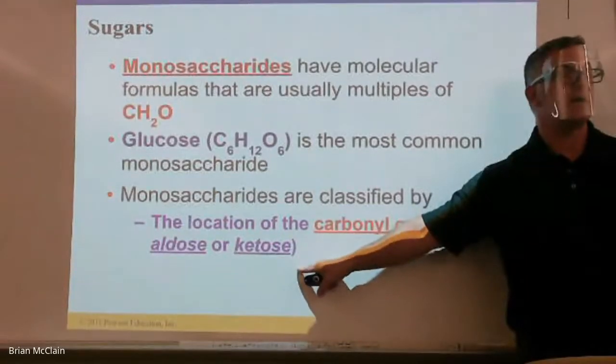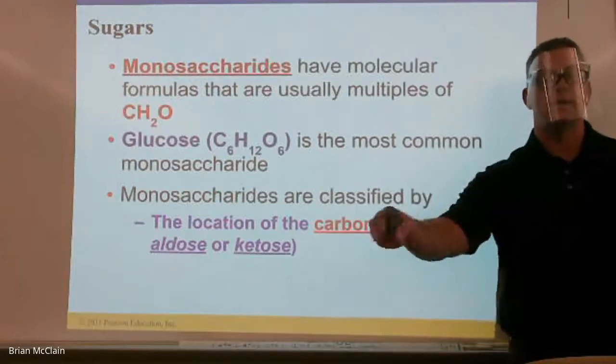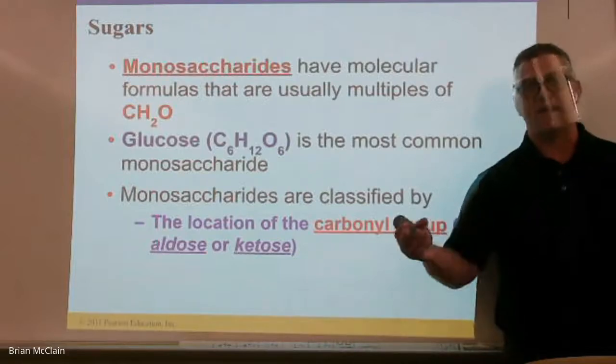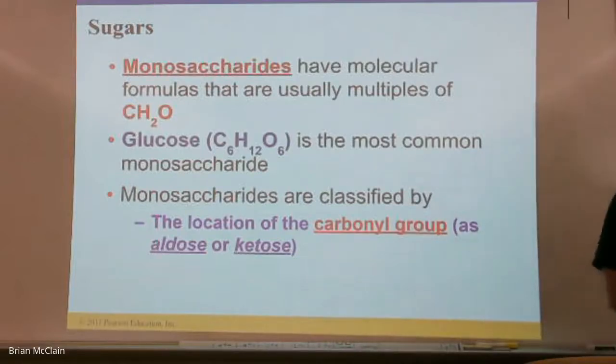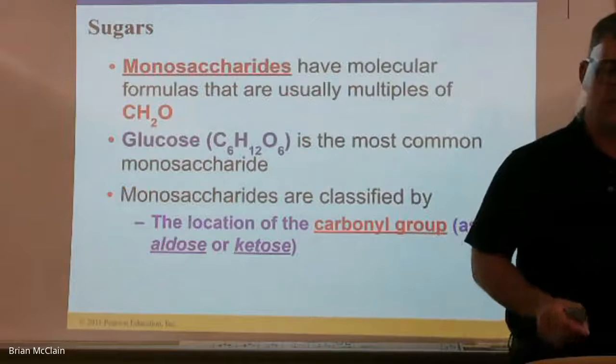Ketose is going to be inside. Key goes inside the lock, right? Ketose is inside. Where's the aldehyde? On the outside, right?